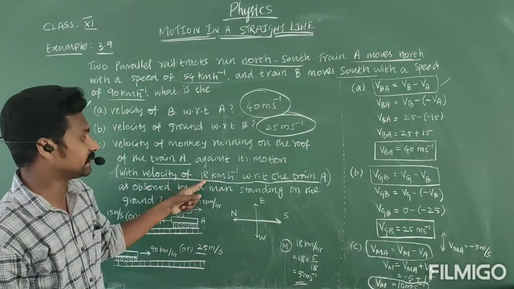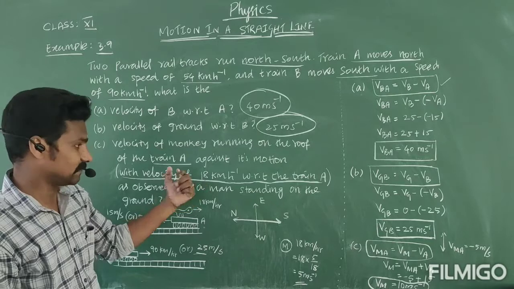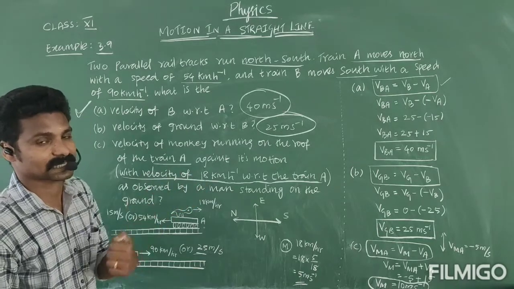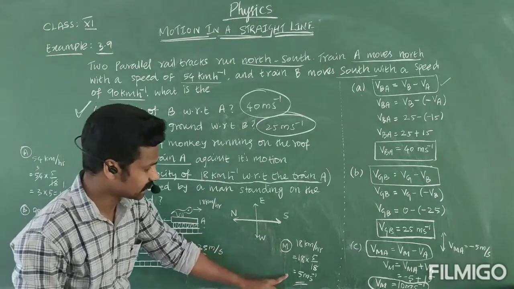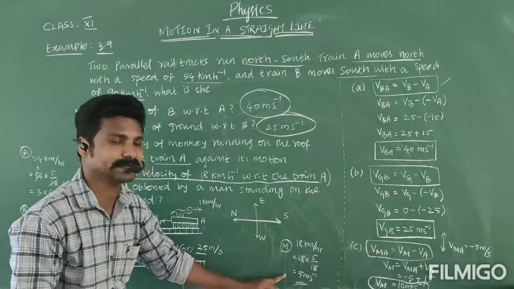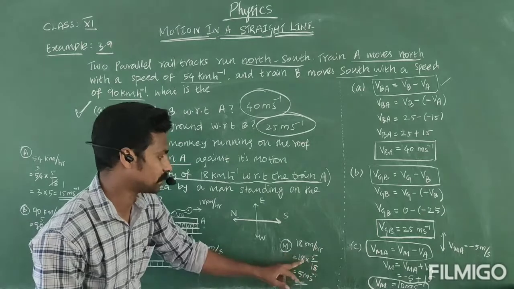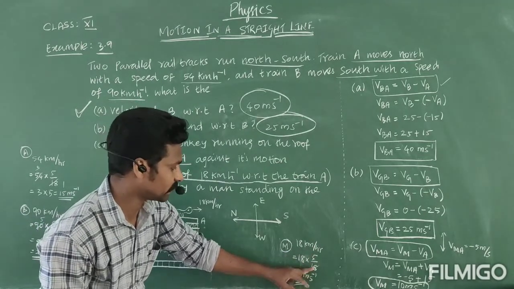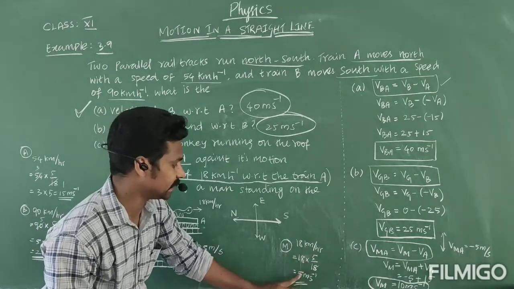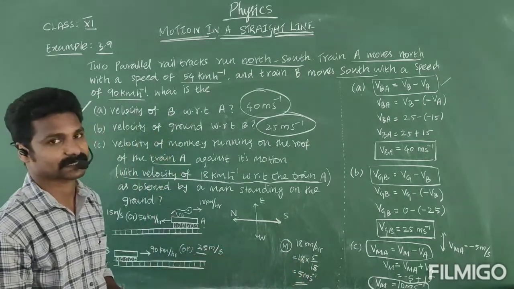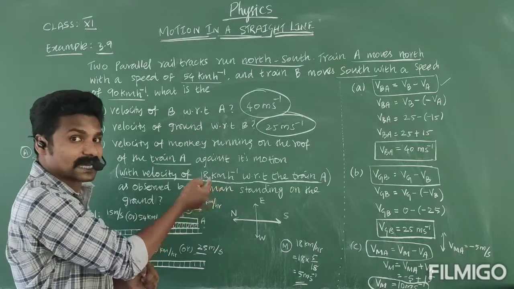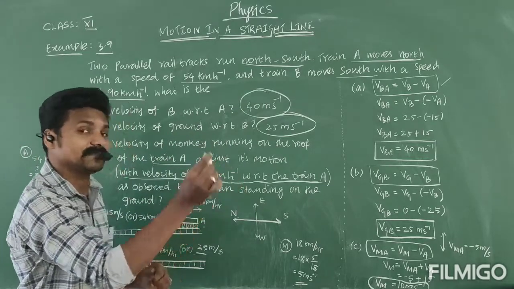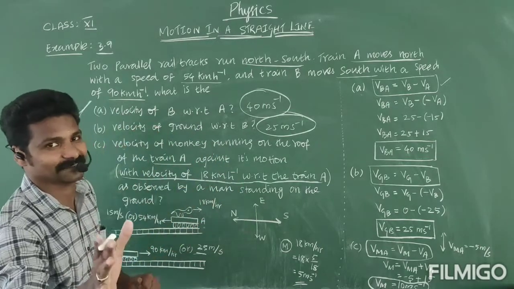See that, 18 kilometer per hour, that is the relative velocity of the monkey with respect to train A. Okay. So first we should convert it into meter per second. So 18 km per hour converted into meter per second: 5 by 18 times 18, 18 cancels. So remaining 5 meter per second. Okay. It is not the velocity of monkey. This is actually velocity of monkey with respect to train A.